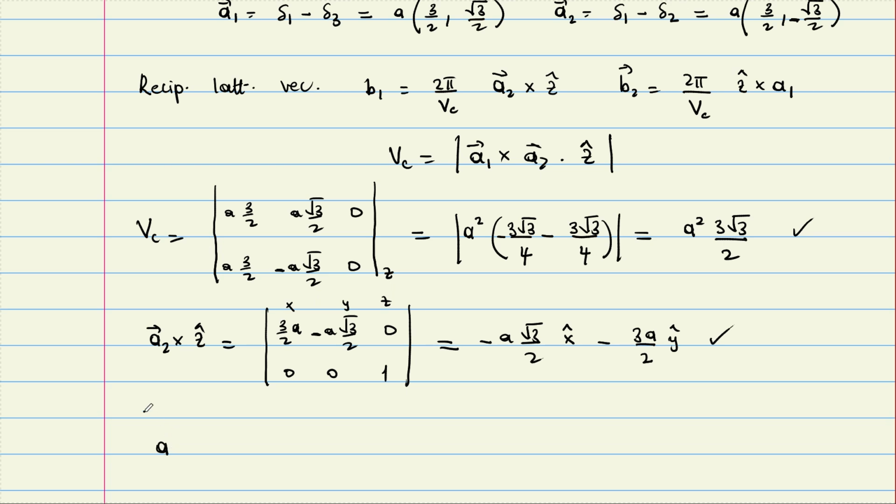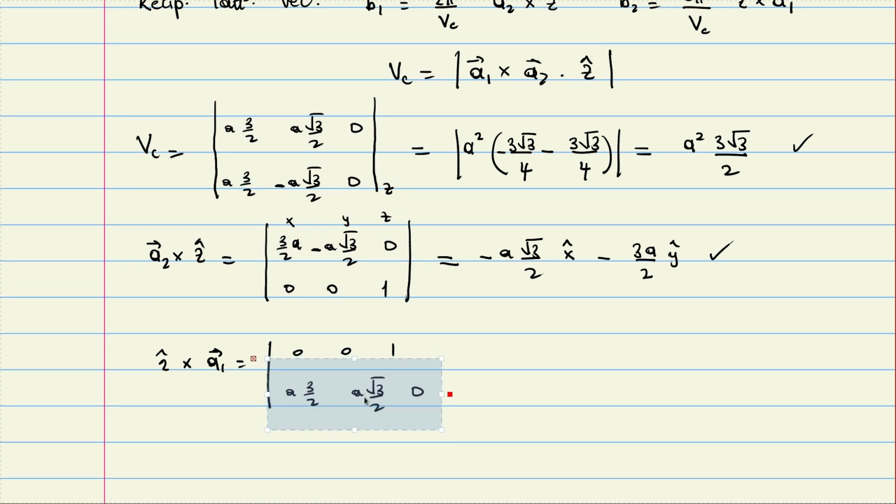And lastly, I need to calculate Z cross A1, and it is going to be 0, 0, 1, and A1 was equal to this one. Bring that here. This is X, Y, and Z, and this is equal to 0 minus a root 3 over 2 X hat.